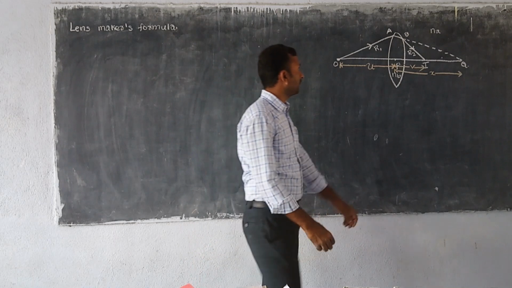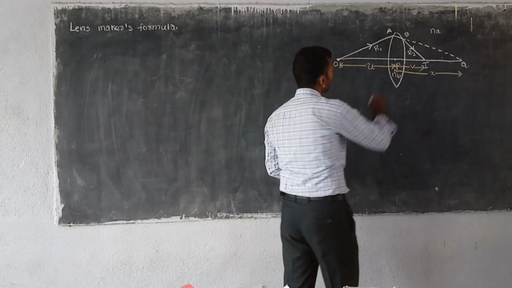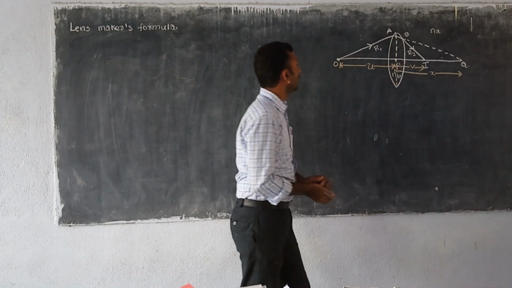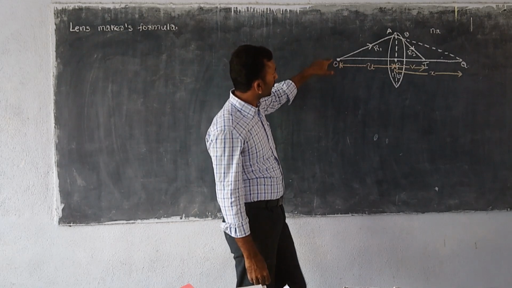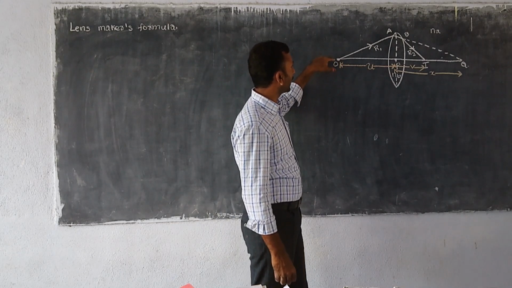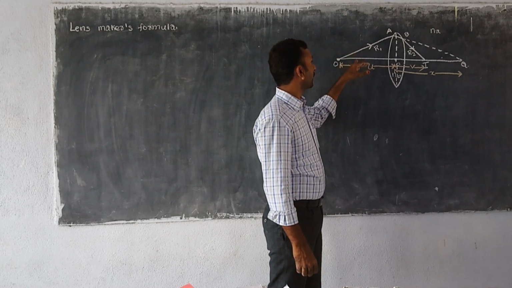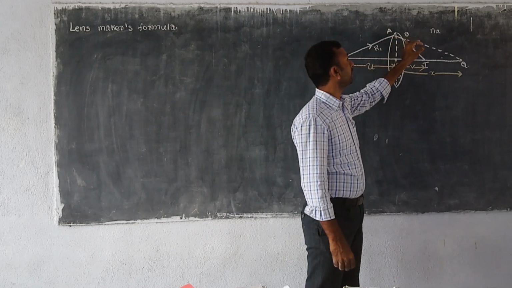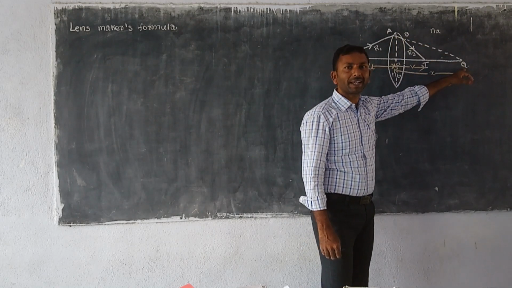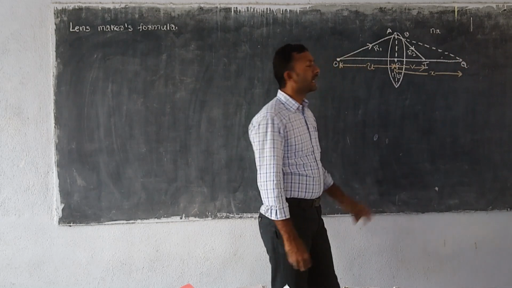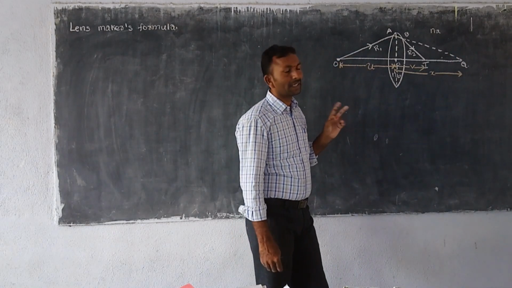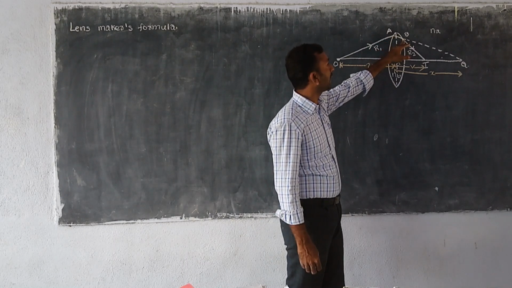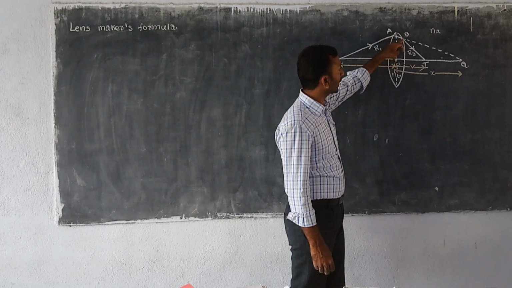Once again, look at the picture. First, we have taken a thin lens, and we kept a point object in front of it. One light ray, going at some angle with the principal axis, is incident on the lens surface at point A, and after refraction it goes in the direction of Q and meets the principal axis at point Q. The lens contains two surfaces, so a second refraction happens at the other curved surface.